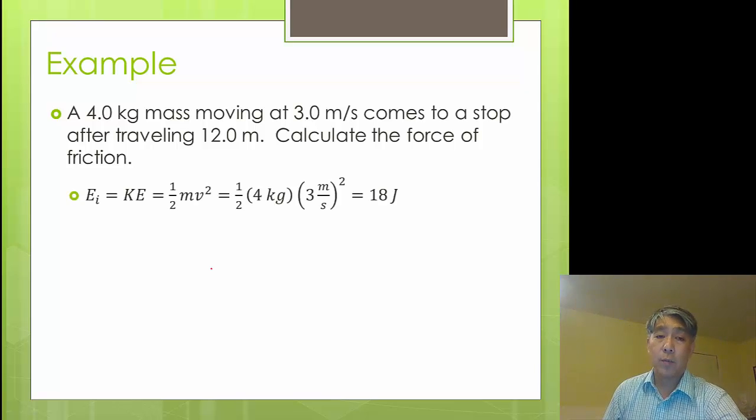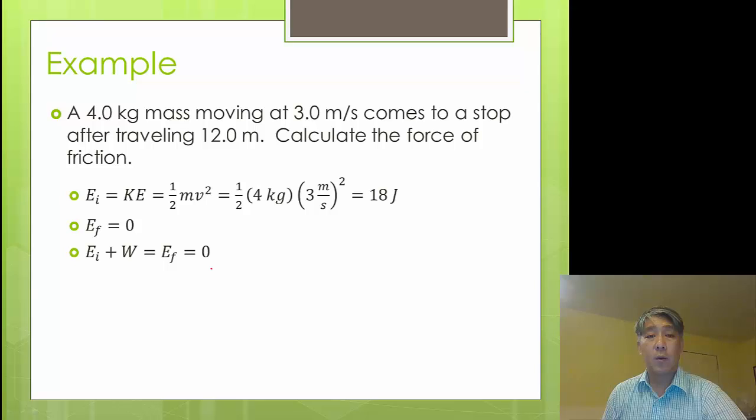Okay, so my initial energy, since the object was moving, is kinetic energy, 1/2 mv squared, or about 18 joules. Okay, my final energy is 0 since I come to a stop. I haven't changed height, or at least the problem doesn't say that I do. So let's assume that there is no gravitational change.